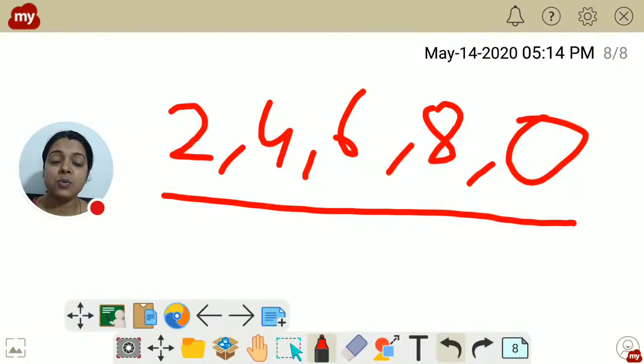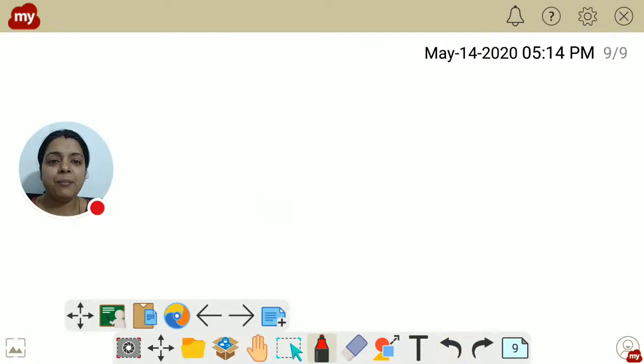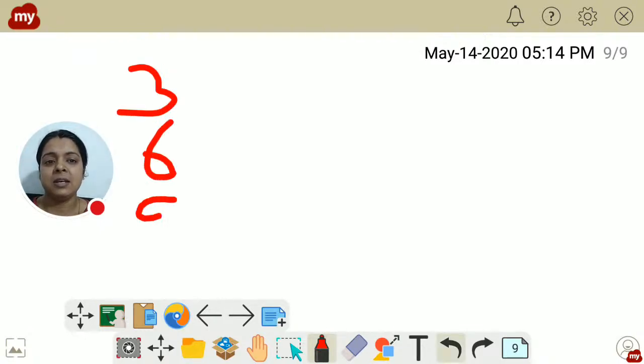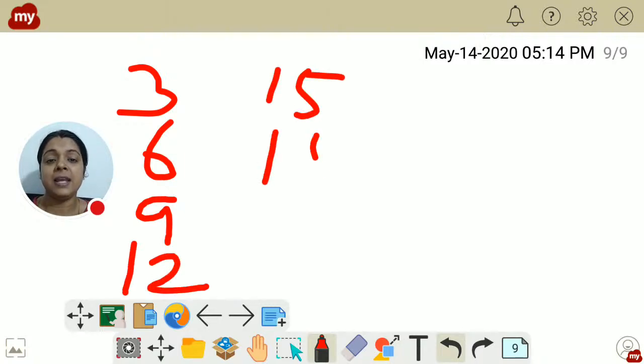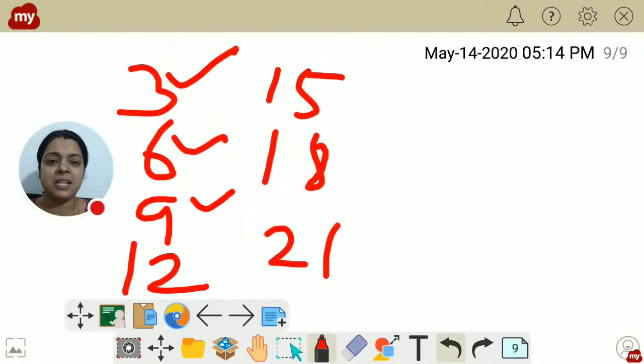Okay, so next one, what is the divisibility rule by 3? Let's see. For that, I want to take you to the table of 3. Let's see, 3, 6, 9, 12, 15, 18, 21. We will not take these because they are single numbers only, and it is very easy because they come in the table of 3.